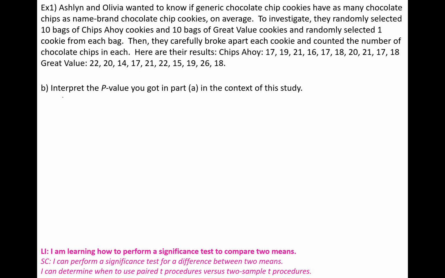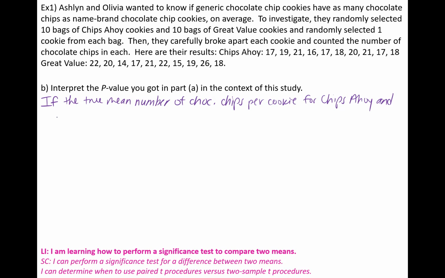In this case, we would basically say in words: if the true mean number of chocolate chips per cookie for Chips Ahoy and Great Value cookies is the same.